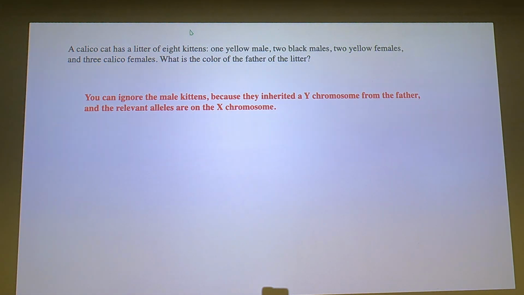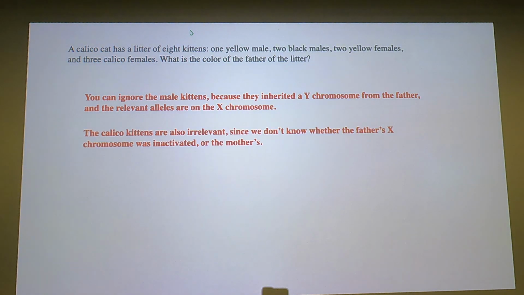Does that help you here? No, because you don't know whether it was dad's X chromosome or mom's X chromosome that got inactivated. So we can just ignore the calico kittens too. So we scratch those off. Which leaves just the 2 yellow females. So what does that tell you?